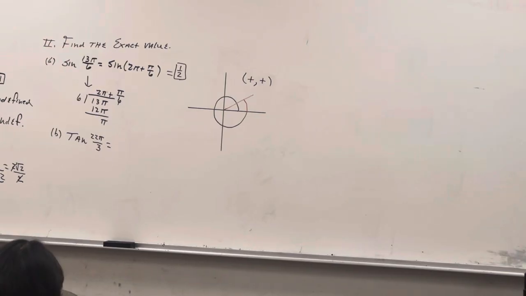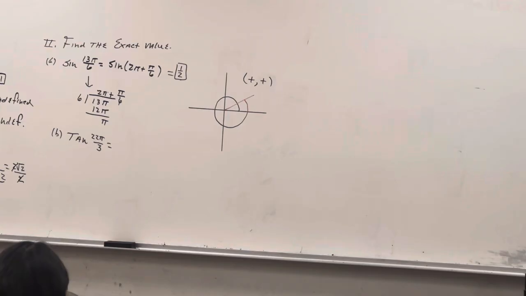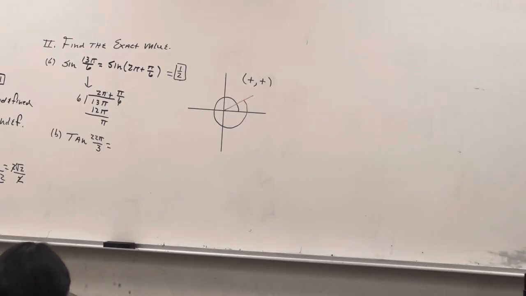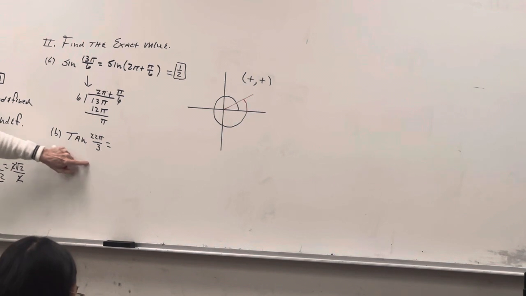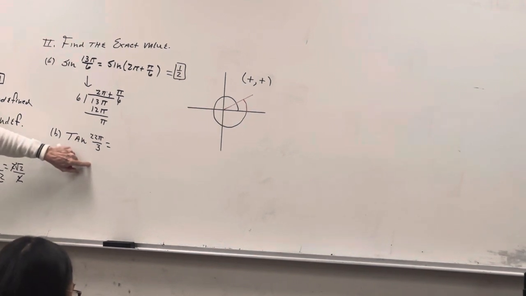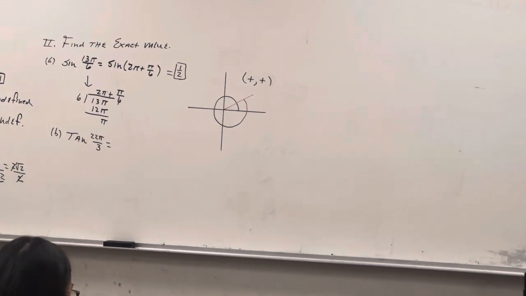Which of those angles back in the table do you think this will eventually take me to? Which angle? It's got 3 angles in there. It's pi over 3, pi over 6, pi over 4, or pi over 3. Which angle? Pi over 3. I see pi over 3 staring at me. But it says, more likely, Professor, you're going to go back to pi over 3 over here eventually.